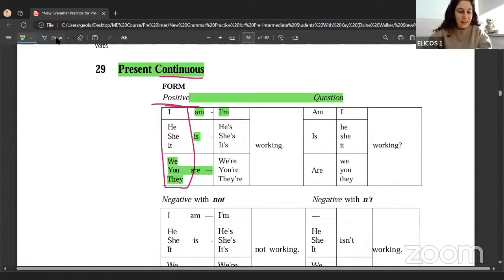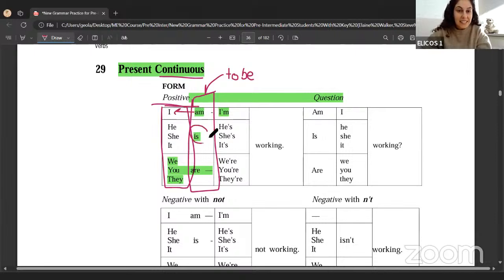Now, am, is, are is when we have the verb to be. So this is the verb to be. So we need to use this verb to be, but it depends on the subject. If it's I, it's I am.